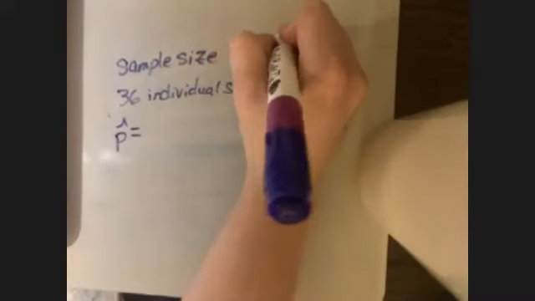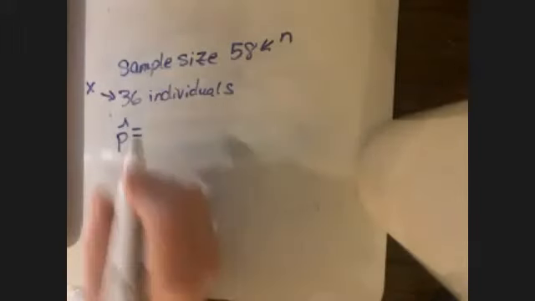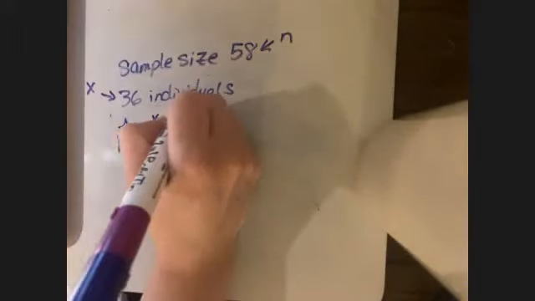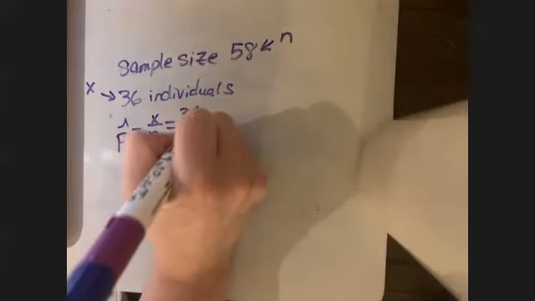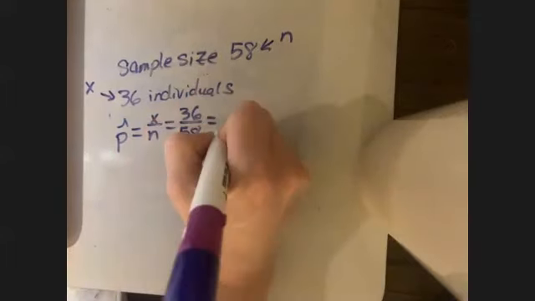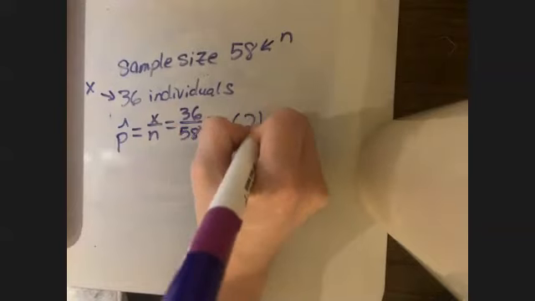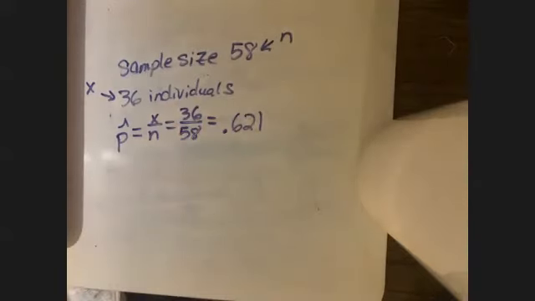Now guys, this is N, that's X. So remember, this is X over N. So this is 36 divided by 58. And I have that is 0.621. And that is rounded at 3 decimal places, okay?